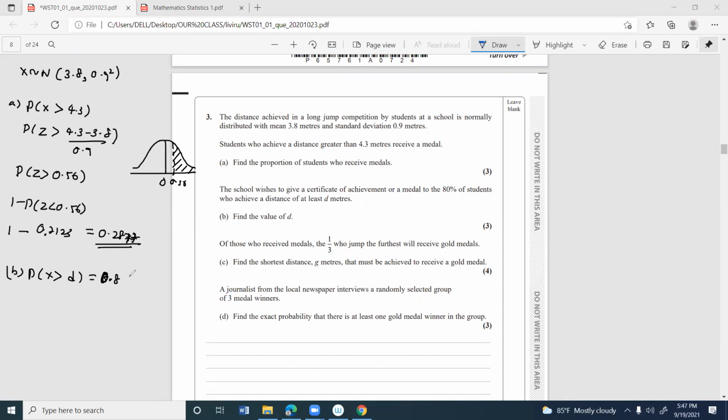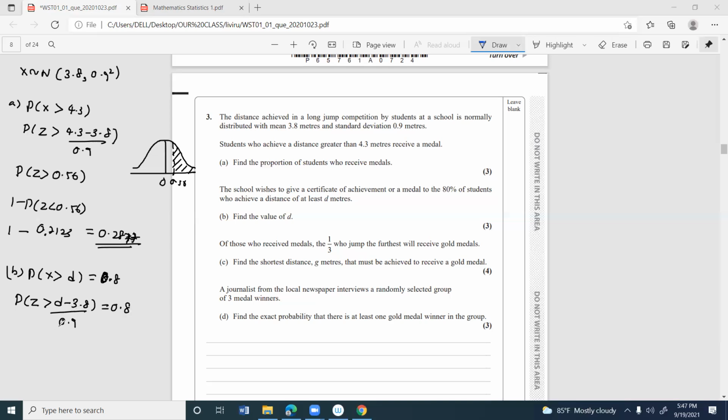Right, let's work it out and see. Initially, we have to standardize: Z is greater than (d minus the mean value 3.8) divided by 0.9, with probability 0.8.